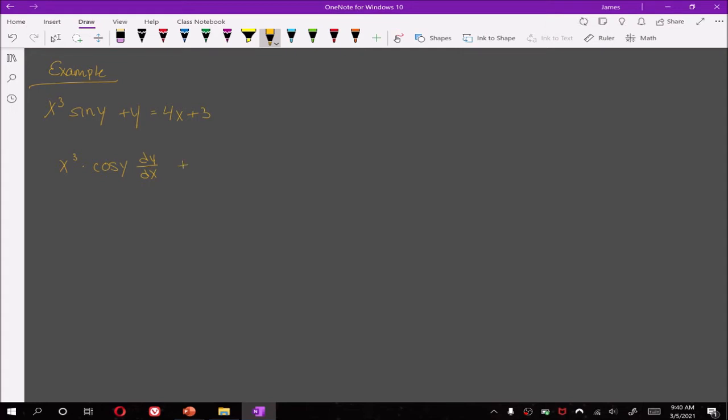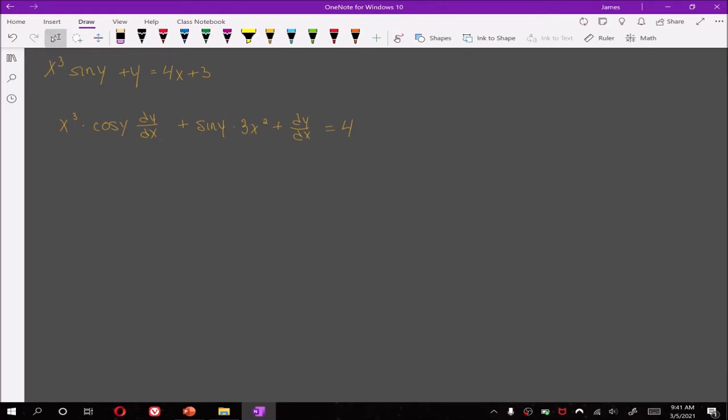plus the second function times the derivative of the first function. Now we take d dx of y, which is just dy dx. That's going to equal just 4. d dx of 4x is 4, and d dx of 3 is 0.